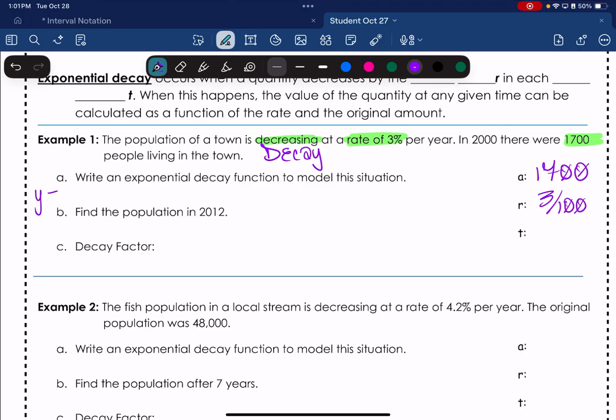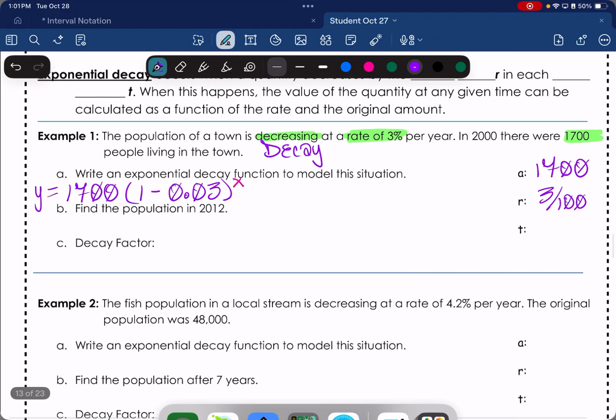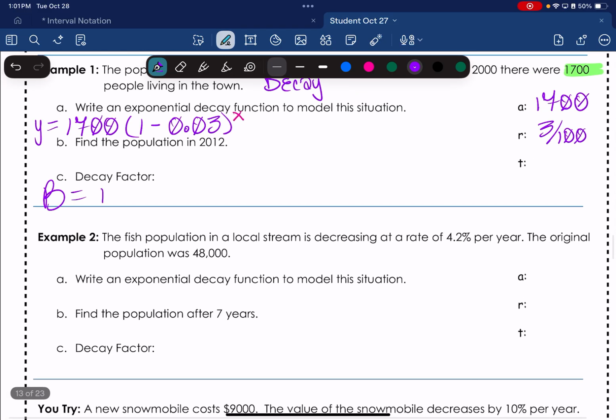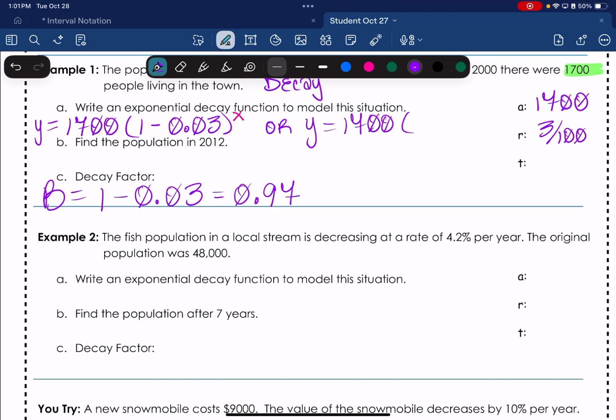My equation is Y equals 1,700 times 1 minus 0.03 to the X power. I can go ahead and find my decay factor, 1 minus 0.03, which equals 0.97. So I can write my equation as Y equals 1,700 times 0.97 to the X power.